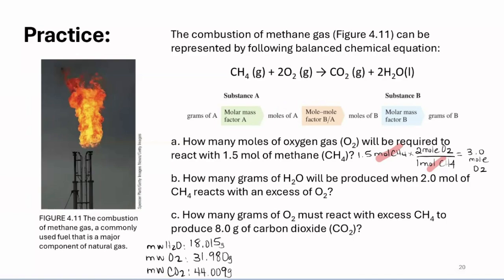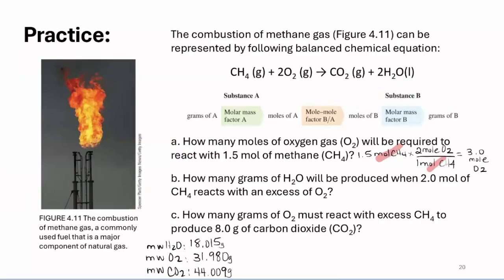So we're going to go from moles of A to moles of B using as our conversion factor the mole to mole factor. Then once you have moles of B, we're going to find grams of B by using the molar mass of B. Let's set up the problem.